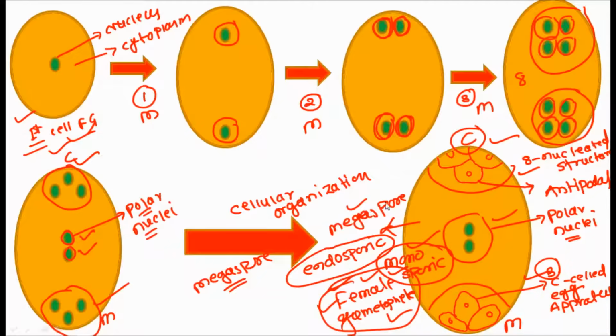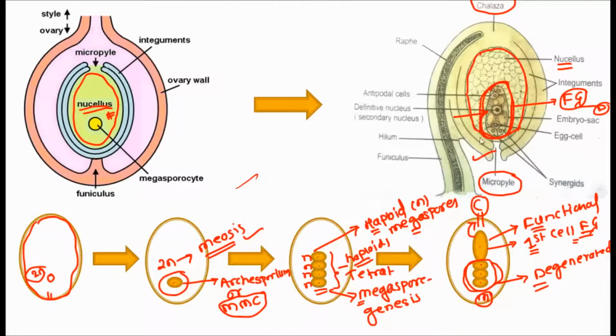Alright. So this is how, step by step, the female gametophyte is created inside the ovule, or say inside the nucellus, right? Now let's come back to the first diagram, in which we have seen the completely developed female gametophyte. Now see, again this is an ovule structure, and inside this ovule we have the female gametophyte, which is surrounded by the nucellus.